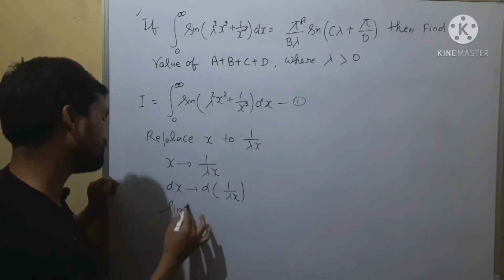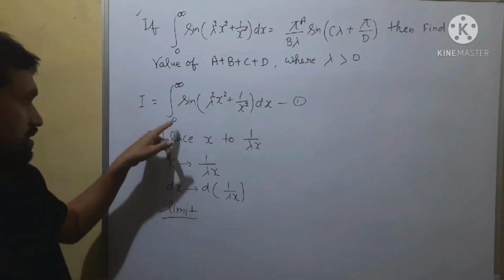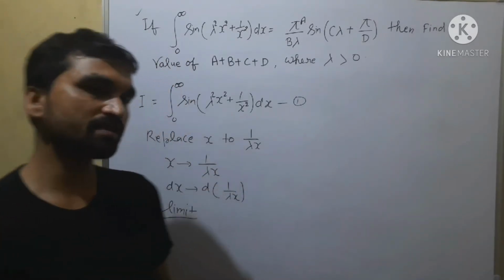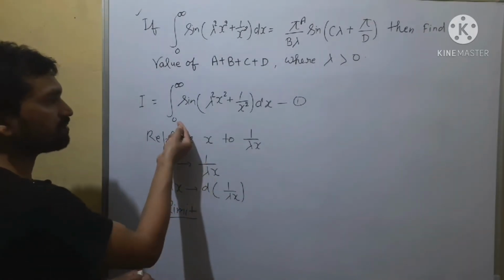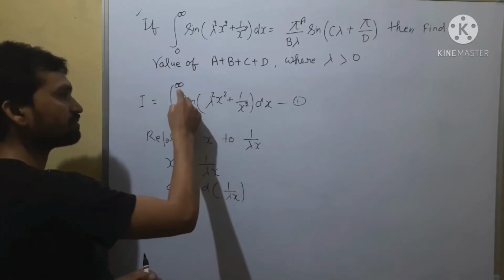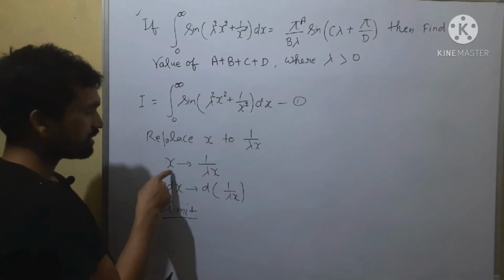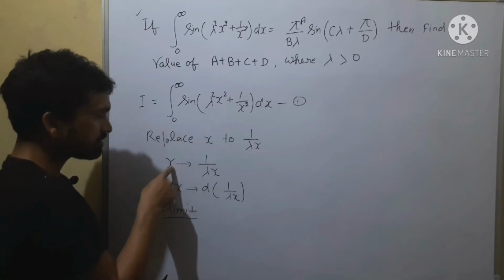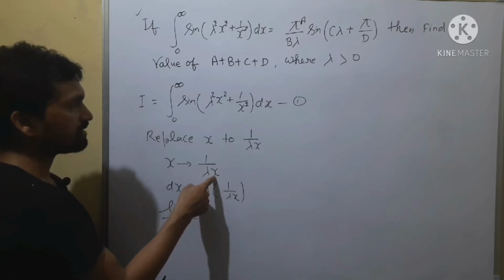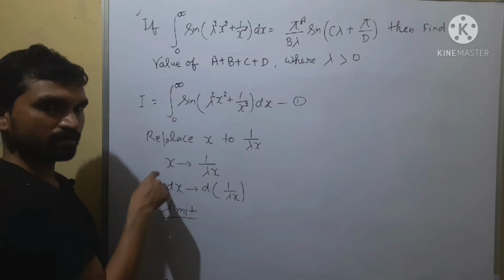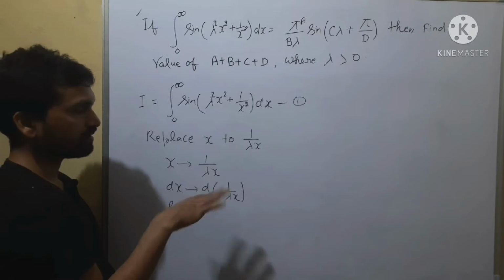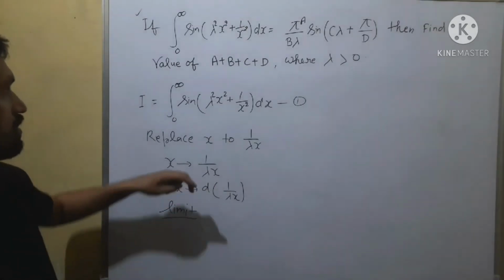Now the limit will be, as we can see here, x and 1 by lambda x are reciprocal of each other. So the reciprocal of 0 will be infinity and the reciprocal of infinity will be 0, because if we put x as 0, then what will our new limit be? 1 by x will be infinity.